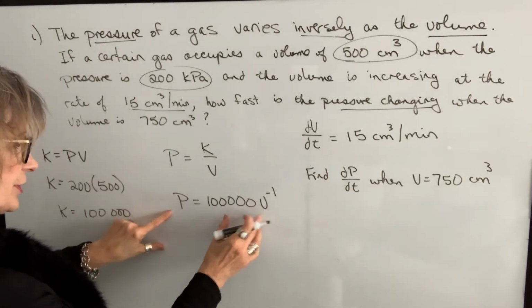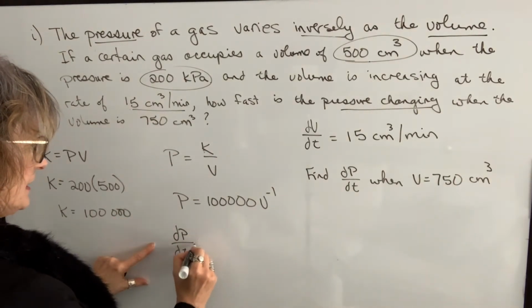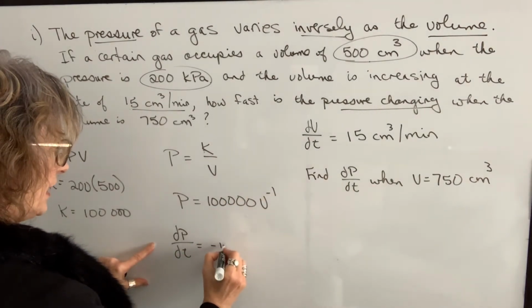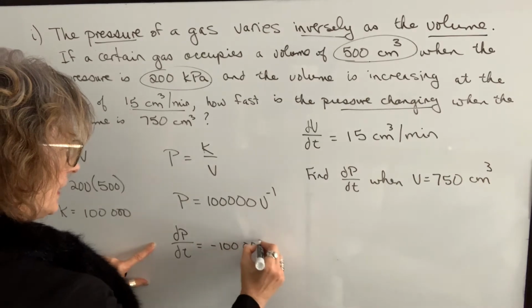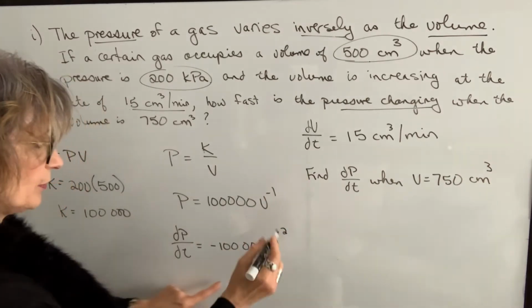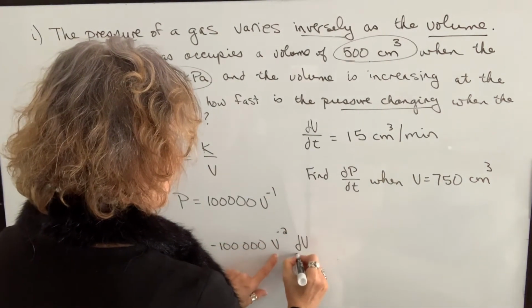Now I will differentiate this, dP with respect to time. So dP/dt will equal 100,000 times negative 1, which will be negative 100,000, times V to the negative 1 minus 1, which is negative 2. And remember, V is a function of time, so I'm differentiating with respect to time, so times dV/dt.